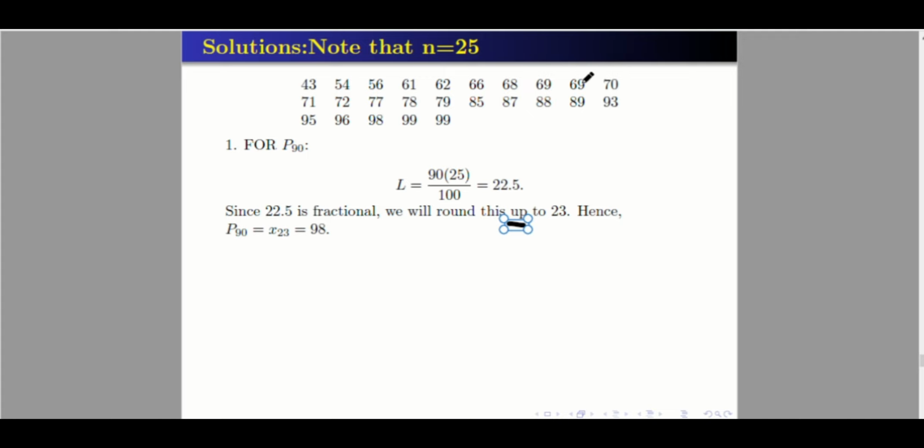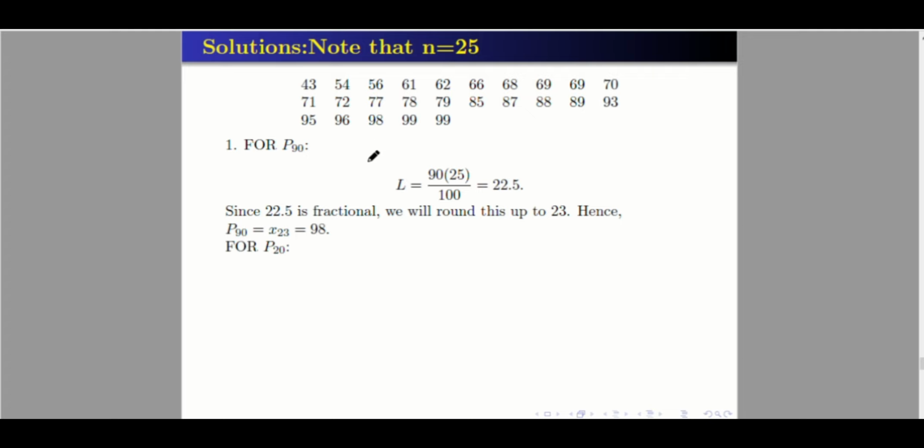Let's count: 10, 20, 21, 22, 23. So P90 is therefore 98. Meaning 90% of the data falls below or equal to 98. I repeat, 90% of the data falls below or equal to 98. Take note, when we say percentile, it is always below or equal.